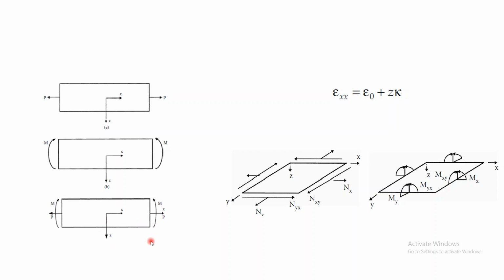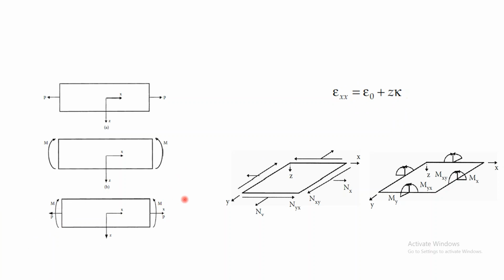So when a lamina is subjected to a load like this, the strains that may develop because of the axial load, that is P, and the strains or the curvature because of the moment. So this is the general equation that is caused when you apply both loads.